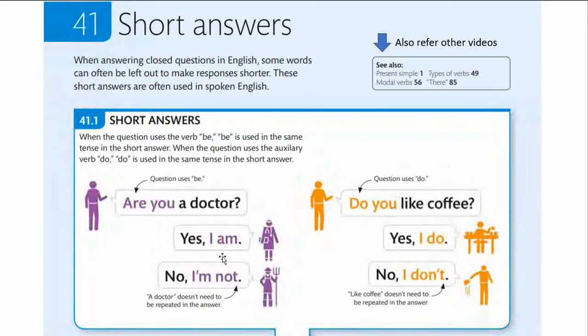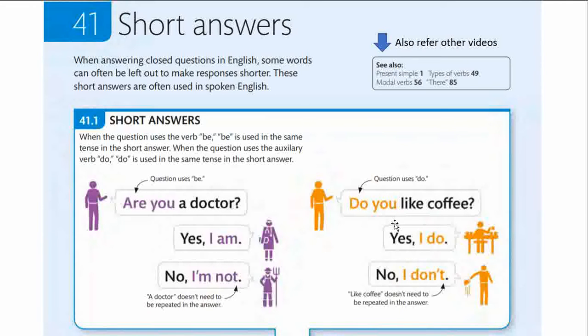In the affirmative sentence, yes, I am; in the negative, no, I'm not. A doctor doesn't need to be repeated in the answer. You need not say, yes, I am a doctor, or no, I am not a doctor. You need to drop that when your replies are short.